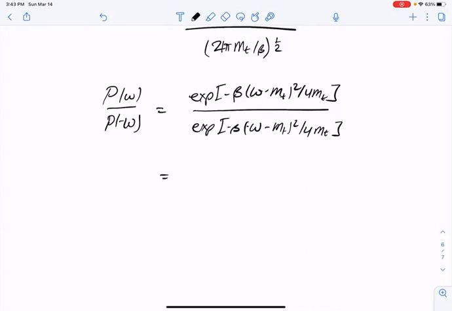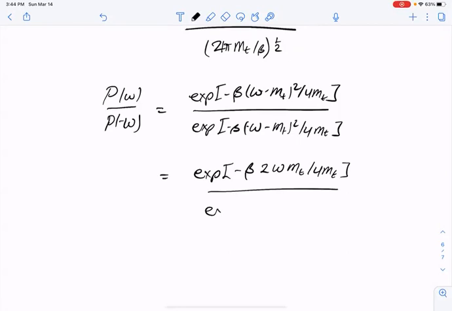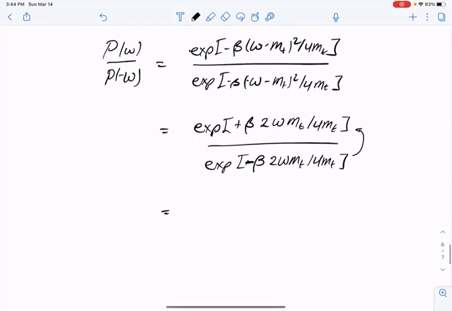Only the cross terms will survive, and in the numerator that cross term is minus beta twice W m of t divided by 4 m of t. In the denominator, I get plus beta twice W m of t divided by 4 m of t. I can bring that upstairs. I'll have 4 m of t, which cancels in its denominator, leaving me just with e to the beta W, just as expected from Crooks.